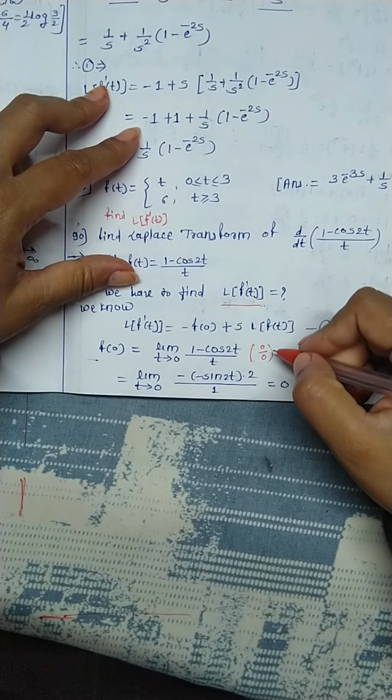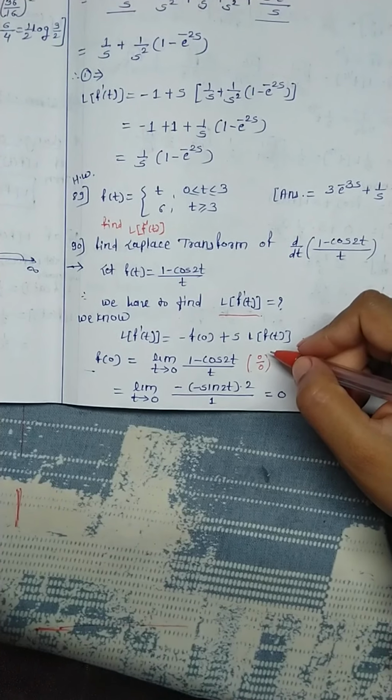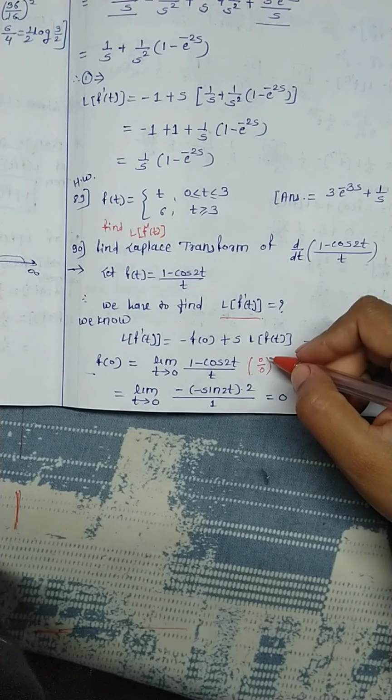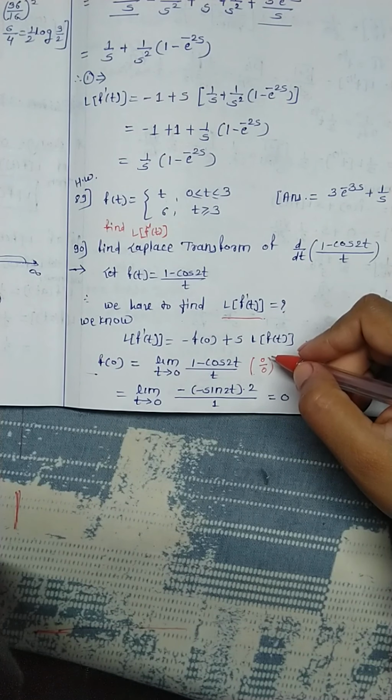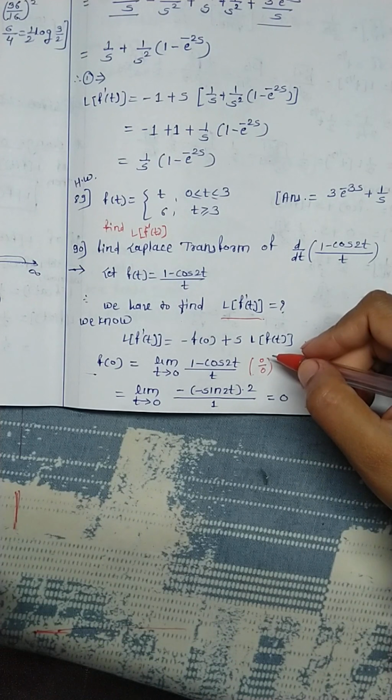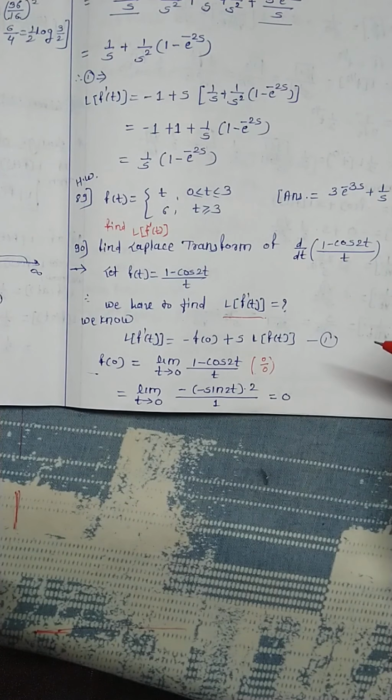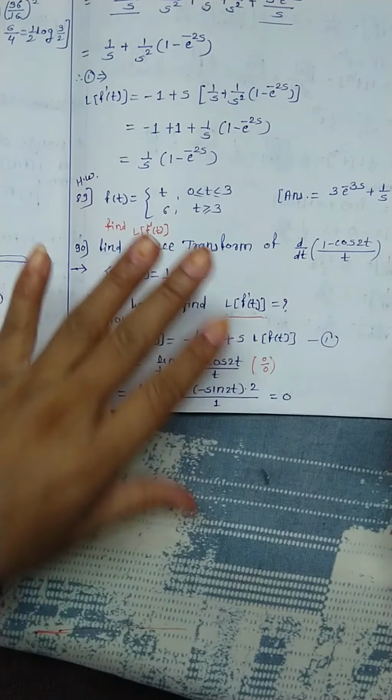Such kind of things, if they come in an example, then we have to use some other way to find the value of the function at a particular point. That method is called L'Hospital rule. Okay, what is that L'Hospital rule?